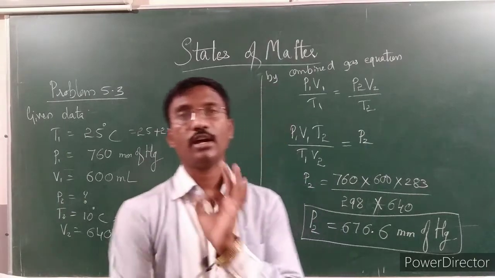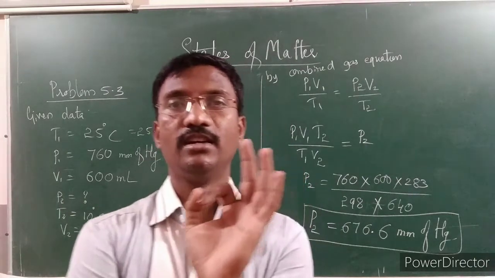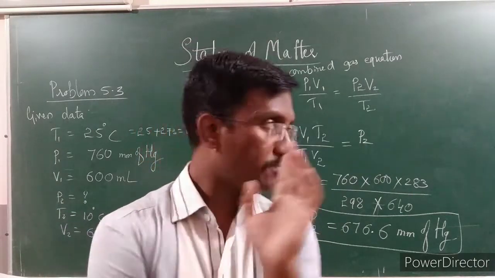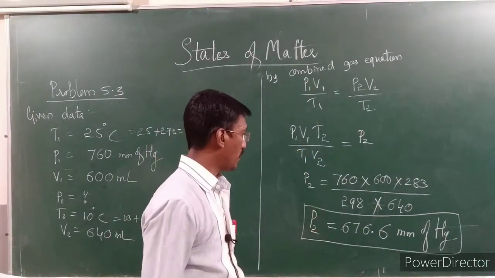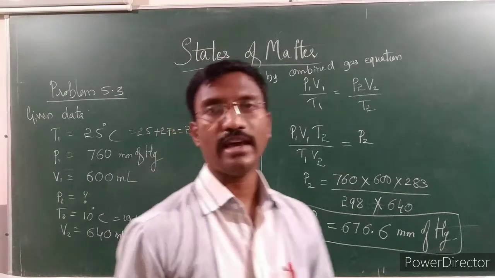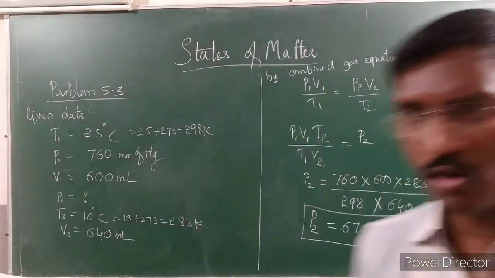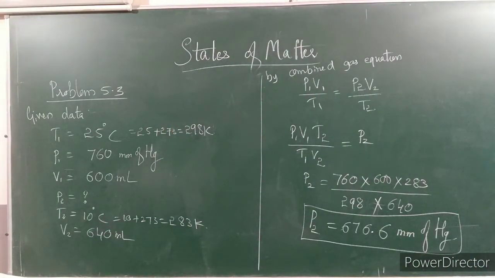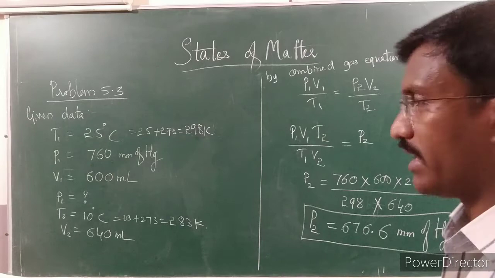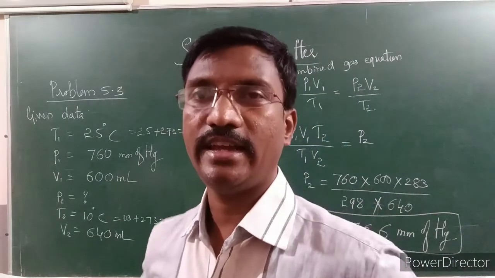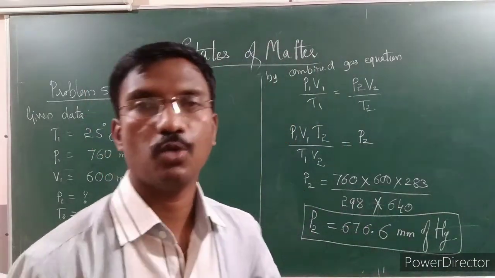Based on the given data, you should be capable to write the equation, and soon after equation writing, you have to rearrange this one and substitute and get the value, and at the end you have to write the answer. So I hope you are not feeling that much of difficulty, because these are not to that extent difficult. So go through this one again, and if you get any confusion, watch this video once again.